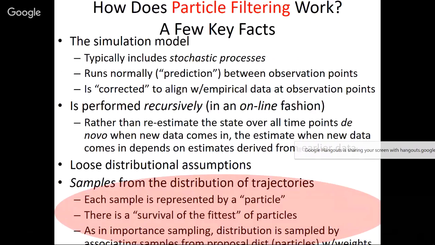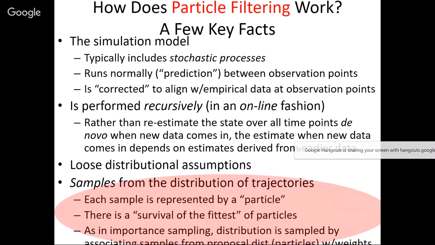Now, these particles are not strictly themselves samples from the entire posterior distribution, the entire distribution of the model in light of the data. Rather, they are drawing on a theory of importance sampling.